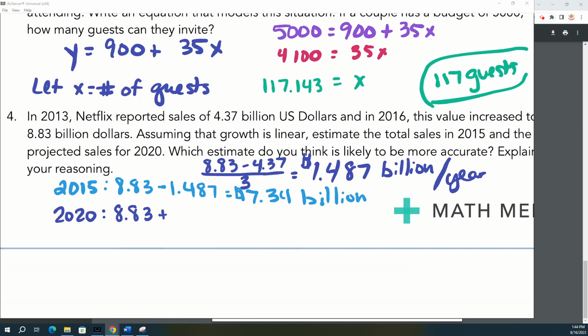We're going from 16, 4 years, so 4 slopes. I think Netflix is doing pretty good at this time, if that's right.